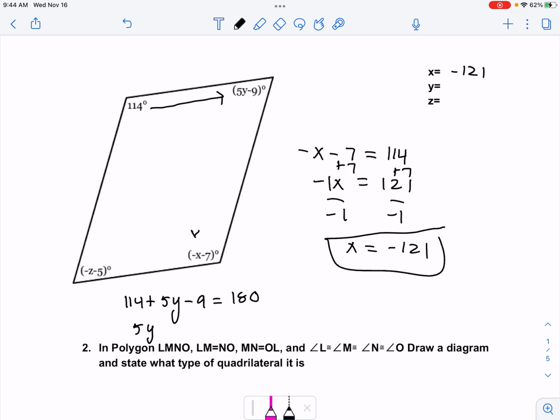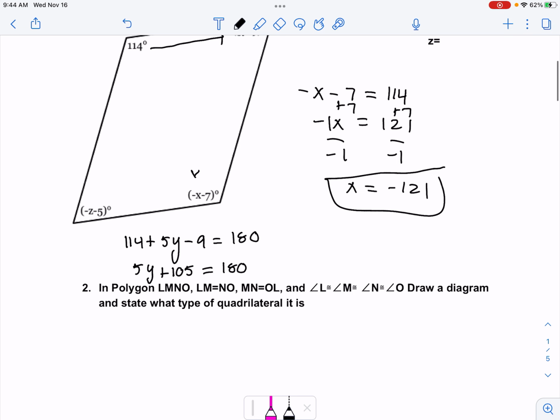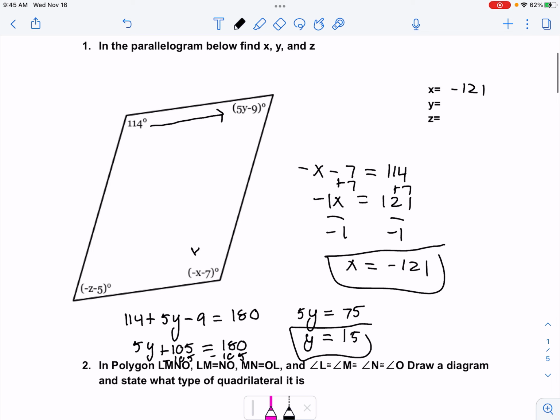Well, 114 minus 10 would be 104, so 9 would be 105. And then we have to subtract 105 to get 5y equals 75. And then dividing, if 5y equals 75, then y would equal 15. Okay, so y equals 15.